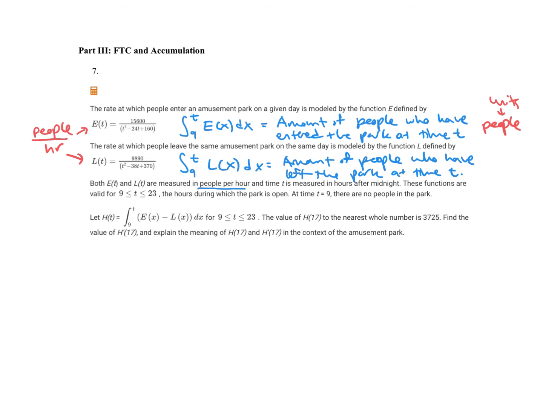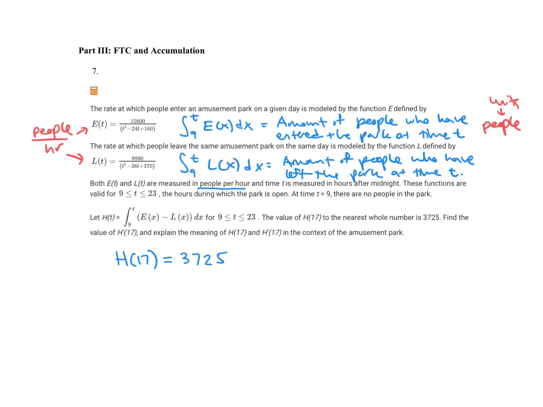So back to answering this question, they told us that h of 17 equals 3,725, and we are supposed to explain the meaning of that in the context of the amusement park.